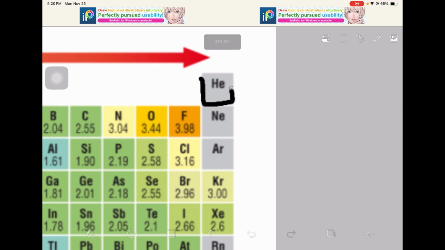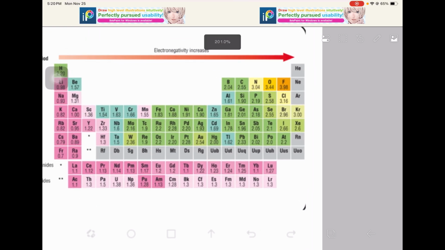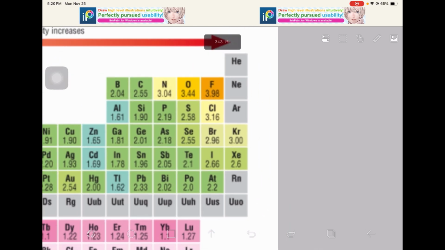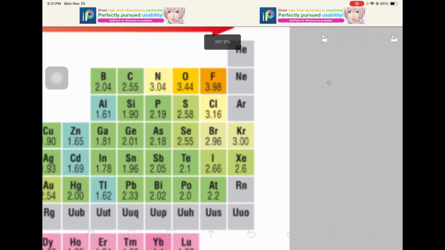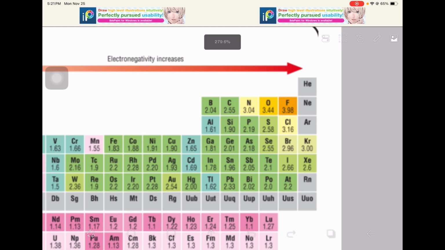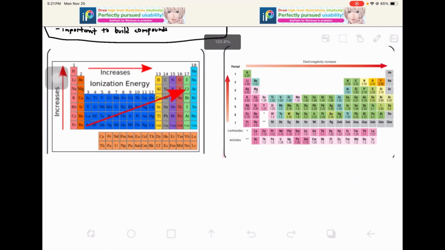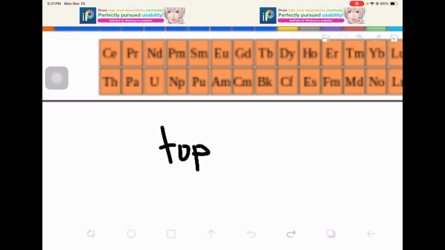As you can see, helium, neon, argon, and this is radon. So these noble gases, they don't have any values because I actually don't know the reason, but once again, all we have to know is that there's another pattern. It goes from top to bottom.